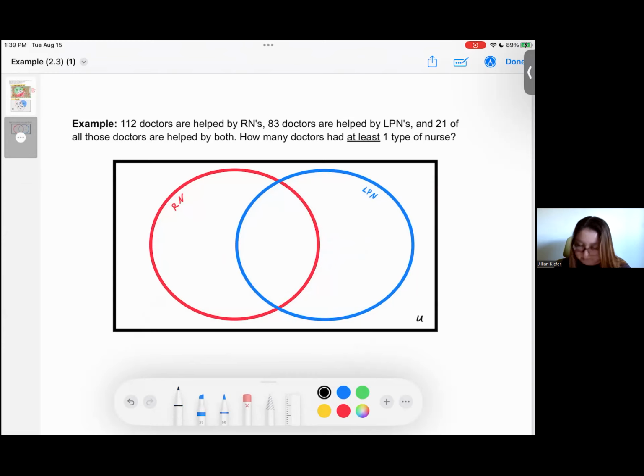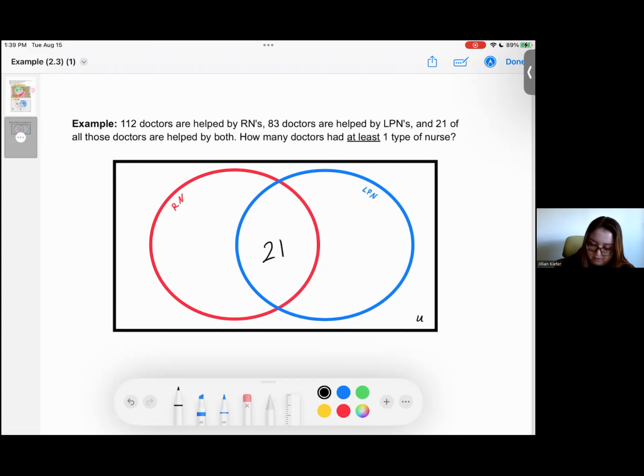What we know from the get-go, 21 are helped by both. 21 is the number that goes in the center in the overlapping part. Now we're saying 112 doctors are helped by RNs. 21 of them are also helped by LPNs.